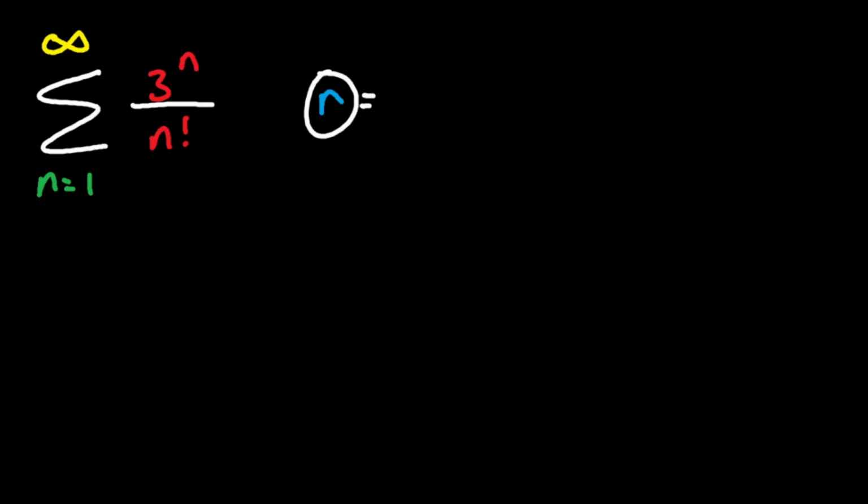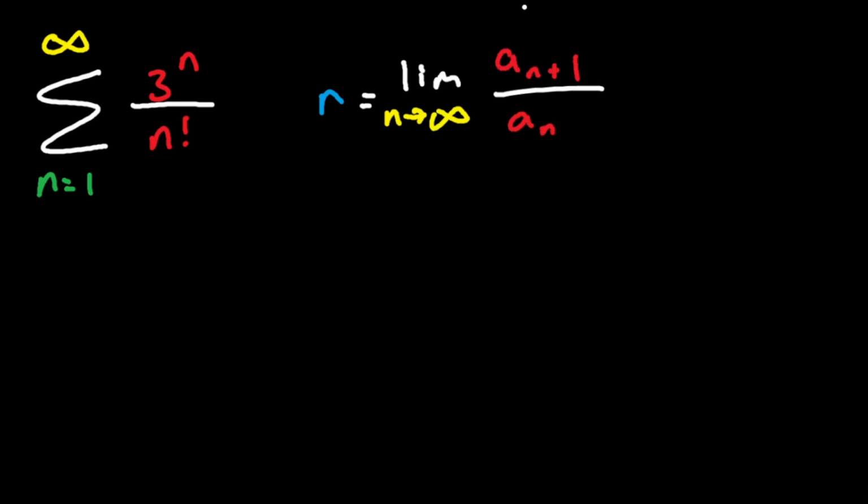So for the ratio test, just like the limit comparison test, you have to take some limit. So we're actually taking the limit as n approaches infinity of a of n plus 1 over a of n. Now what does this mean? Simply, a of n plus 1 is your original series, but you replace all the n values with n plus 1.